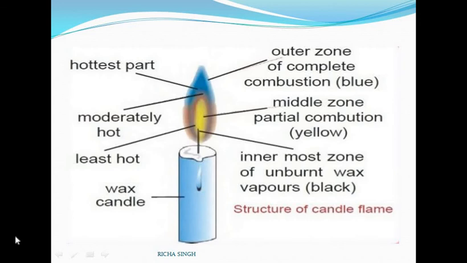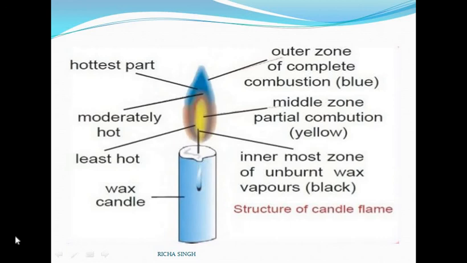Next is the central or the middle zone of incomplete combustion. It is the major part of the candle flame because this zone is bright yellow and luminous. It is luminous because here the combustion is incomplete. In this zone, wax vapor undergoes incomplete combustion because it is not getting sufficient oxygen.